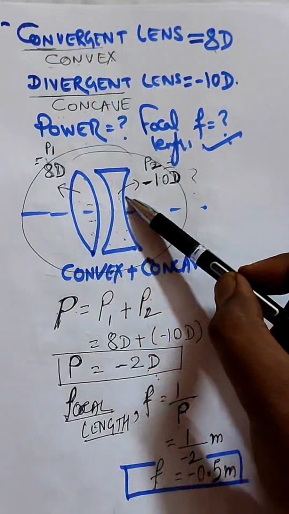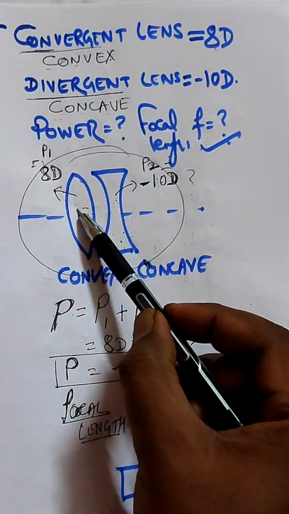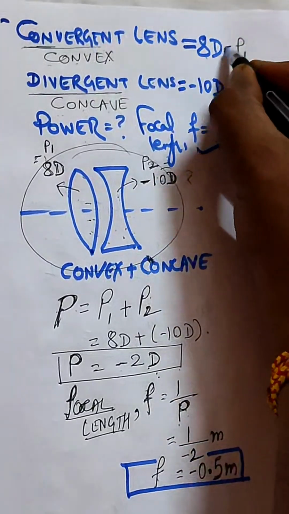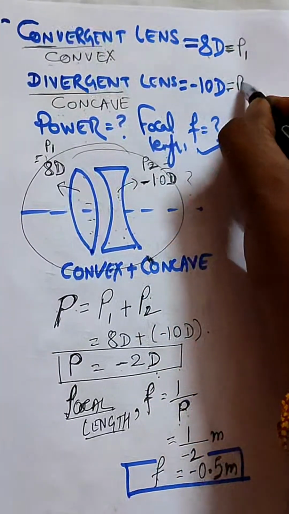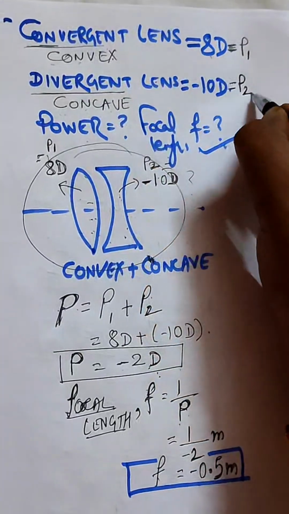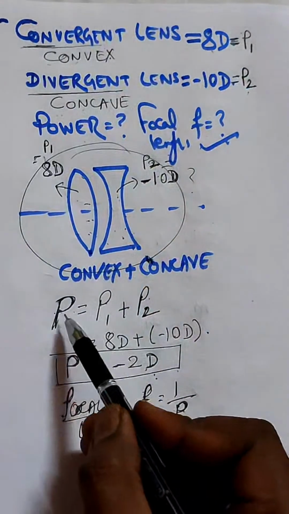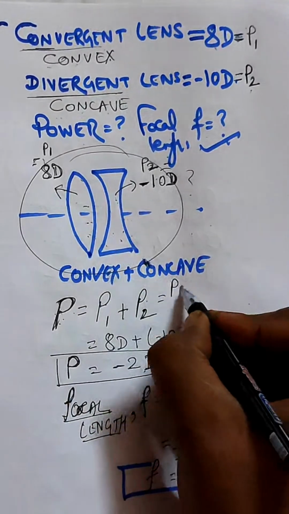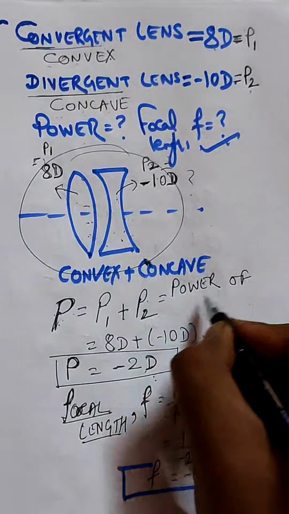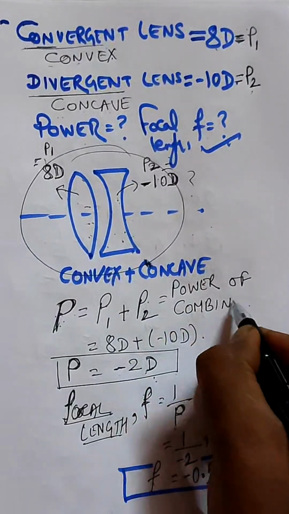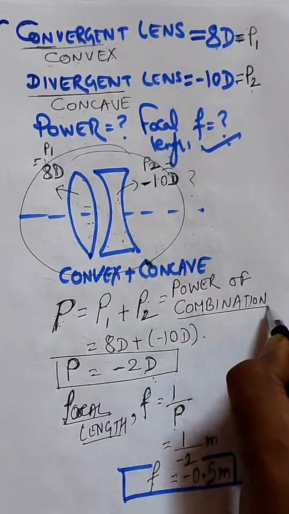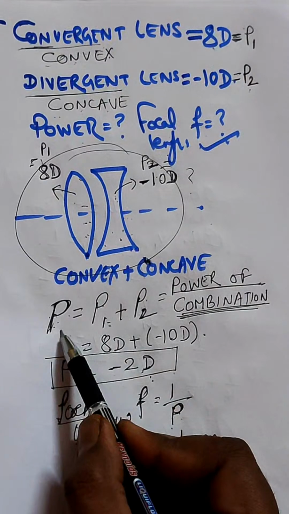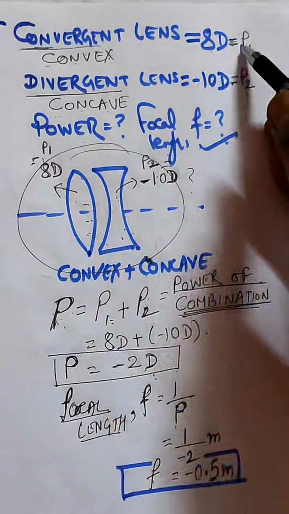If P1 is the power of this convergent lens, that is 8D, and minus 10D is the value of the second lens, the divergent concave lens, let's say this is P2, then the total power of the combination, combination meaning both of them attached together, is given by just adding P1 and P2.